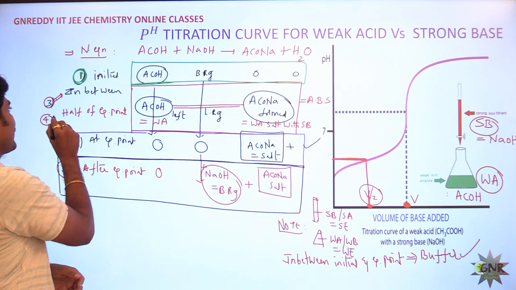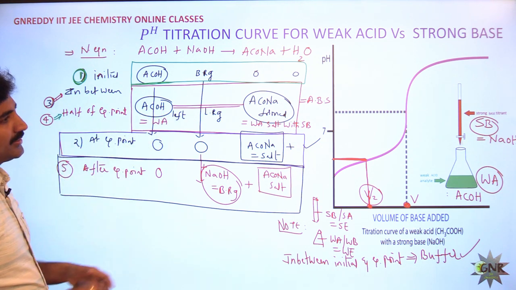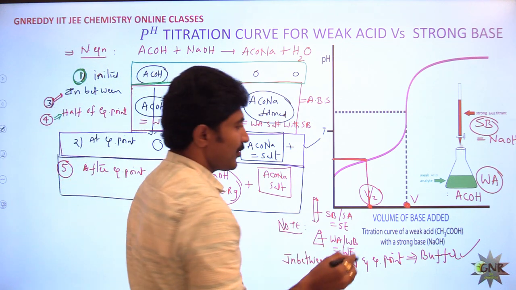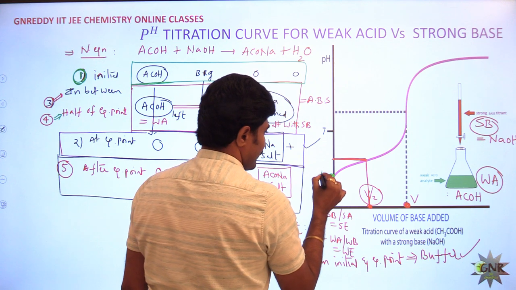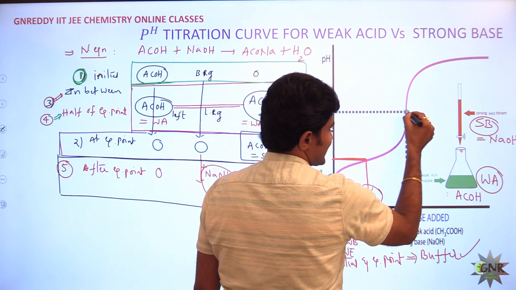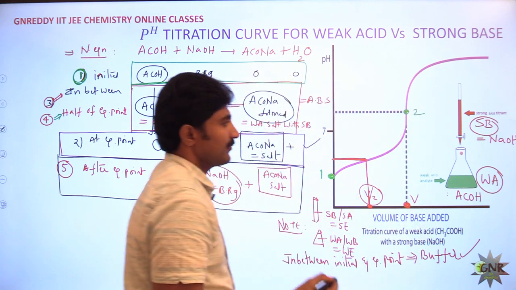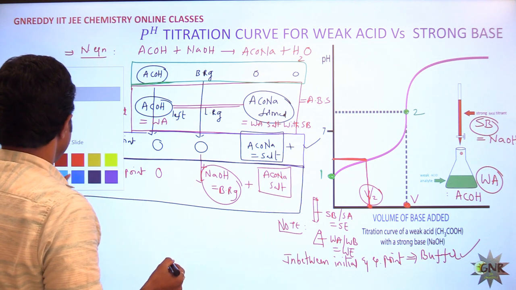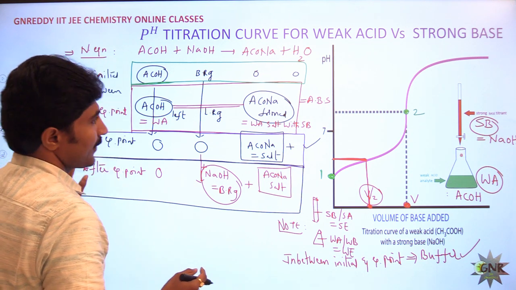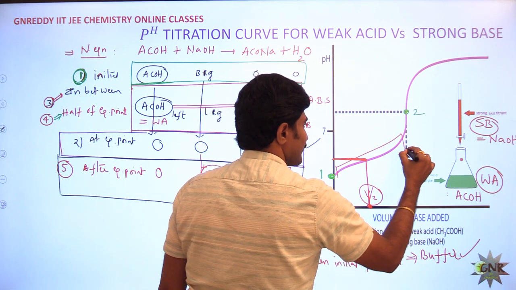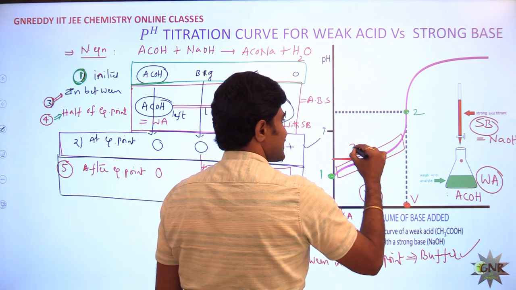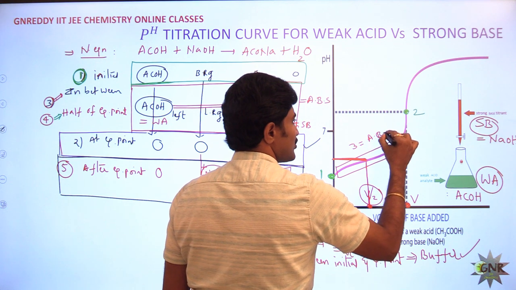Here the half equivalence point has one more importance. So now we have to denote all these points here. This is the first case, initial. This is at equivalence point. The third zone is the acidic buffer solution zone.